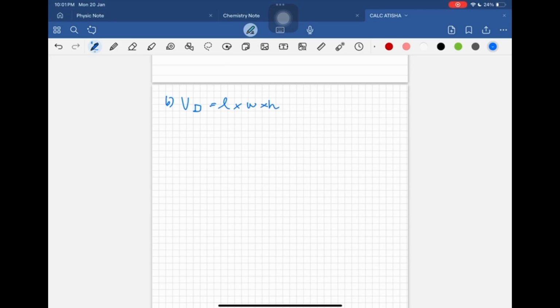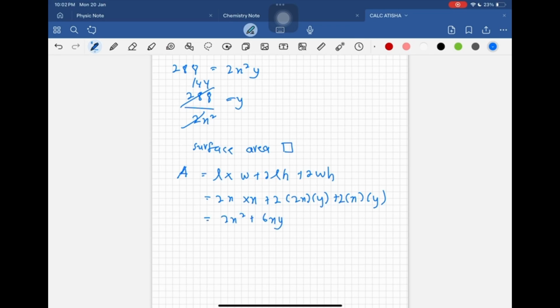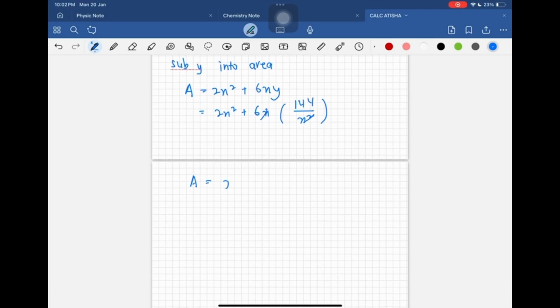For my question, I need to show that the surface area of the rectangular box is A equals 2x squared plus 864 over x. In order to do that, I need to identify the general formula for the surface area of a rectangle, which is 2 times length times width plus length times height plus width times height. It is given that the height is y centimeters, the width is x centimeters, and the length is 2x centimeters.